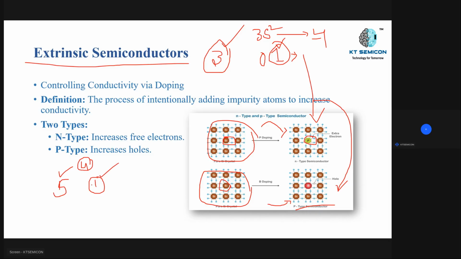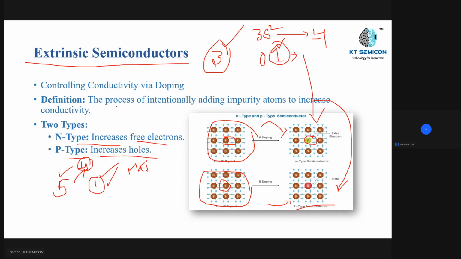Even though the outermost shell is completely filled with 4 electrons, we still have an extra electron. By combining all of these, we get a majority of electrons. So n-type increases free electrons, and when we add trivalent impurities, p-type increases the holes.